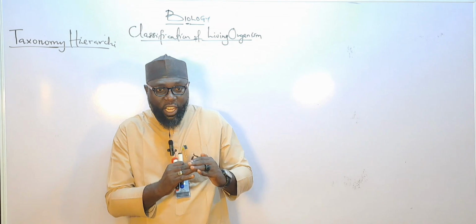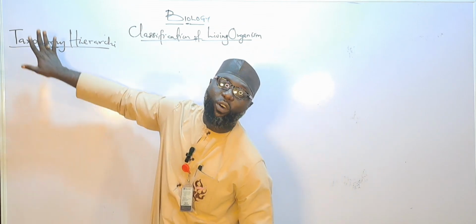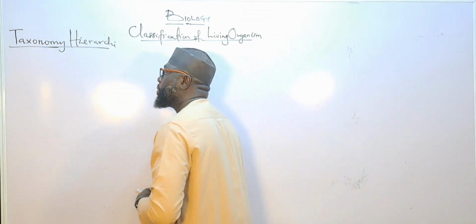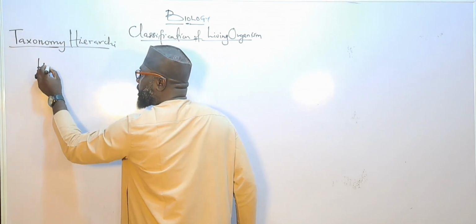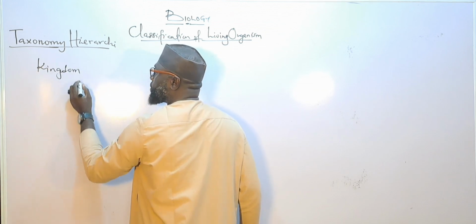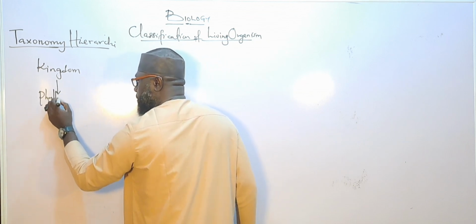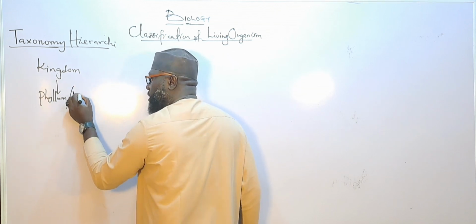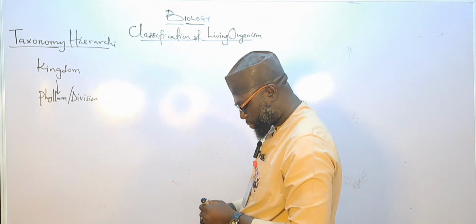The arrangement of living organisms from higher level to lower level is called hierarchy of classification, as shown in the diagram below. The hierarchy of classification starts from the kingdom, followed by phylum. We use phylum in the animal kingdom, but we use division in the plant kingdom.